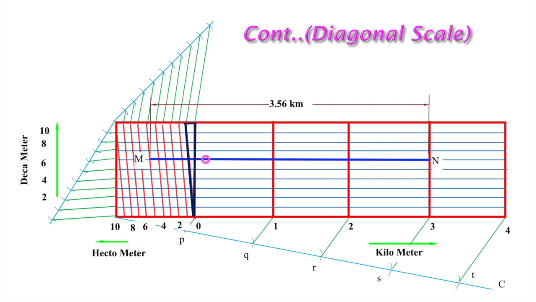So totally it is 3.56 kilometers. I repeat the measurement. For 0.5, move 5 divisions in the hectometer direction. To get 0.06, move upward 6 divisions. Though we are moving upward, the actual distance is not vertical. Rather, the distance is again horizontal along the blue line. This blue line indicates the length 3.56 kilometers.